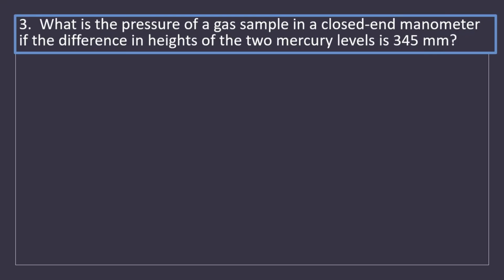So if it says the outside air pressure is 760 torr, you just have to ignore the extra information.